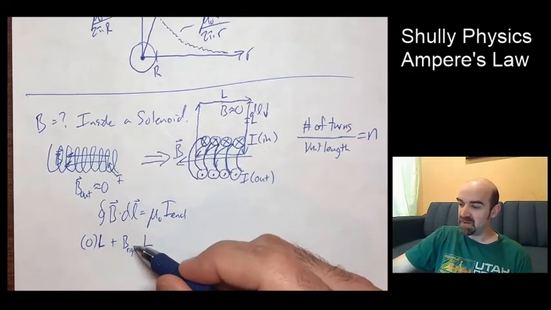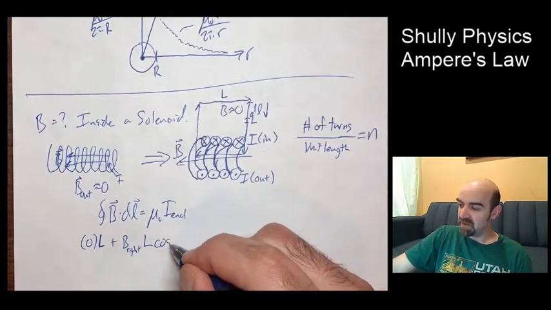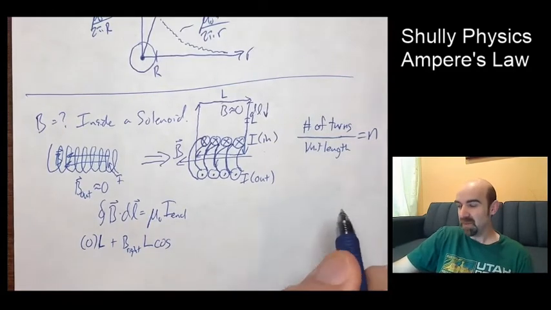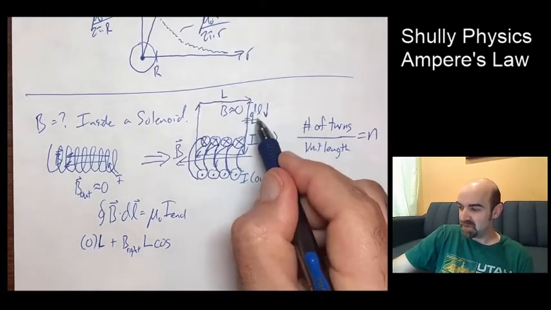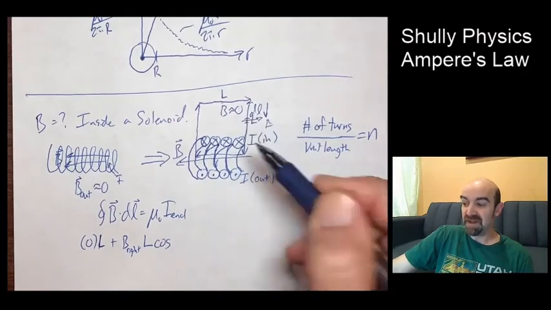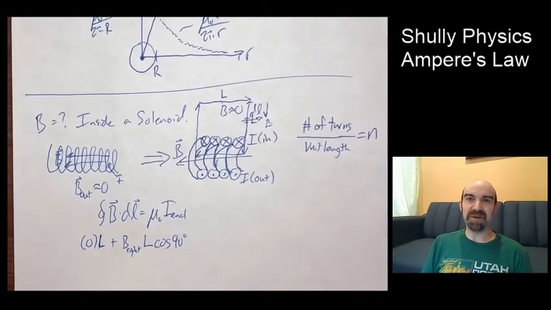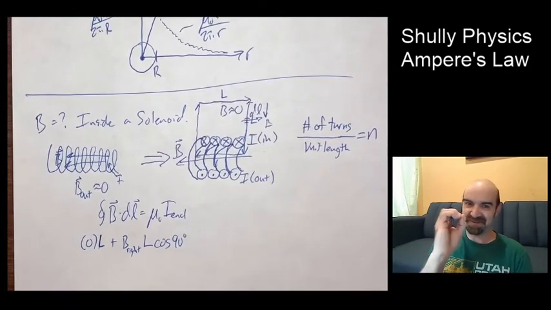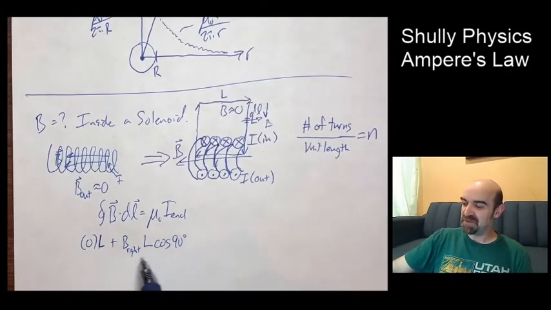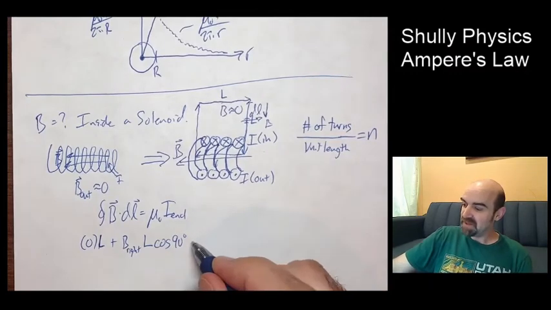B dot dL is BL cosine of the angle between L and B. Since B up here is going to the right and dL is down, that angle is 90 degrees. And the wonderful mystical magical thing about cosine of 90 degrees is it's 0. So there's 0 contribution to whatever that magnetic field would be.